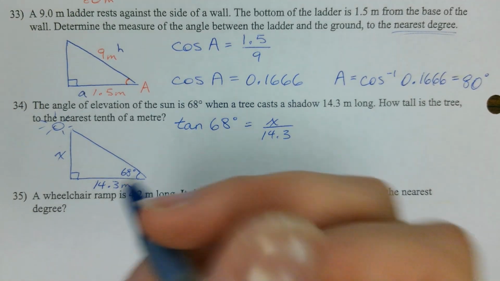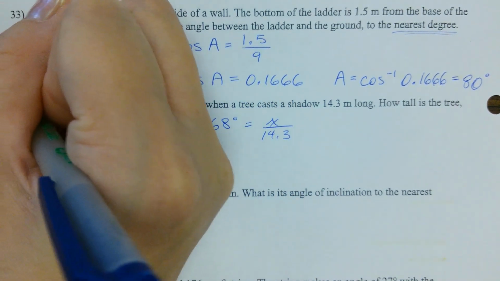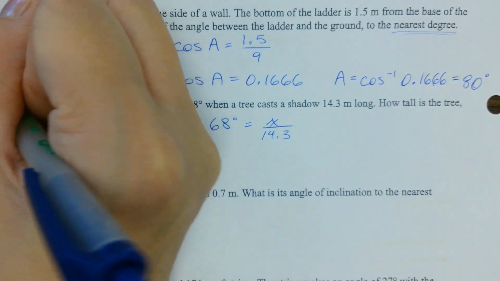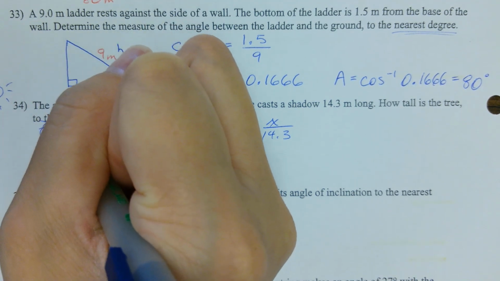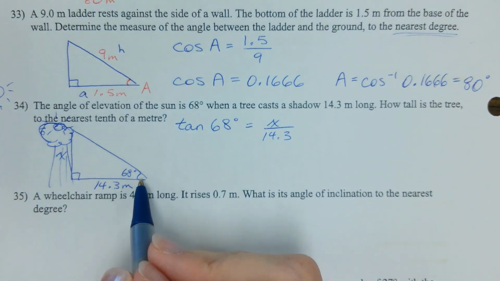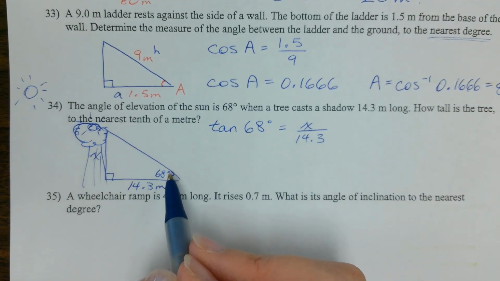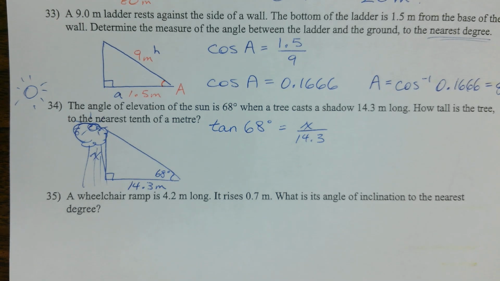Well, actually, no, it doesn't have to be. Your sun could be over here, and then here's your tree. All right, so you can see even if you extend it, your angle of elevation is still the 68. Oh, yeah, so you're right. Both of you are right.